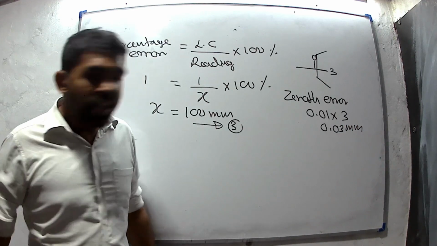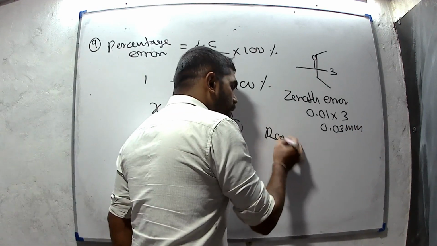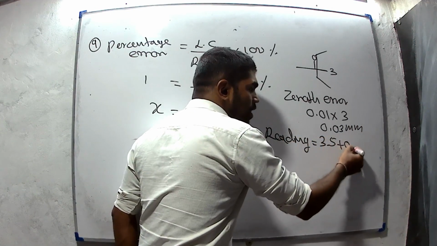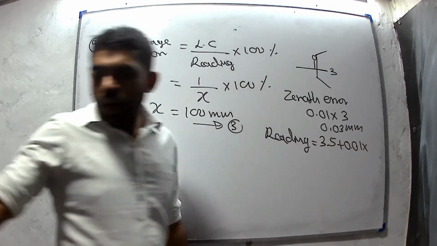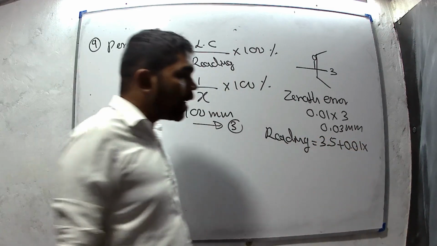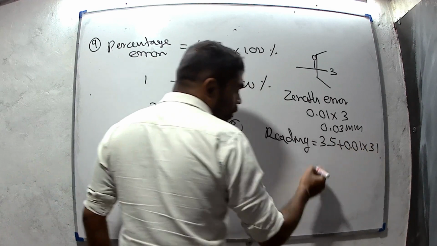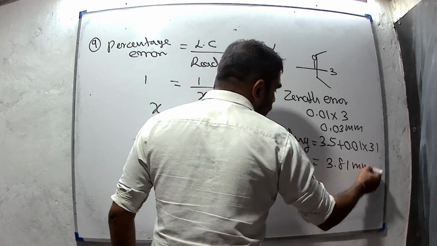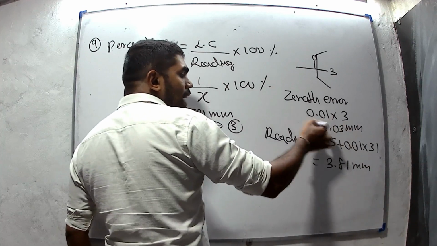Main scale reading is 3.5. We have to add 0.01 into coincided part, which is 31. Then we can simplify it, 3.81 millimeters, and we have to subtract this error.